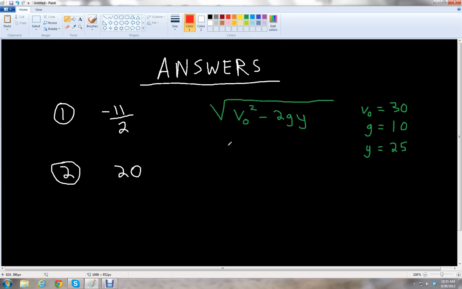Okay, so we're just going to plug our values in where the v naught, g, and y belong. So we're going to have 30 squared minus 2 times 10, that's g, times y, which is 25.